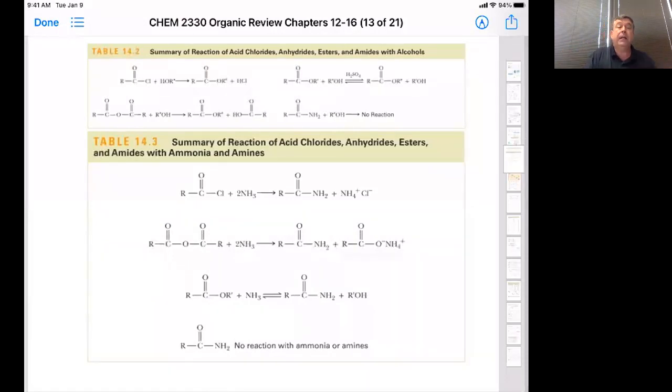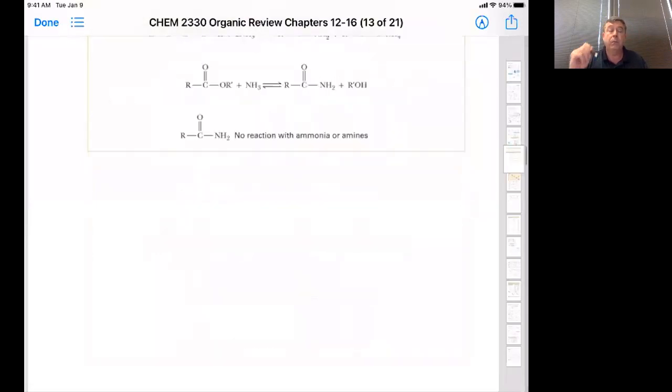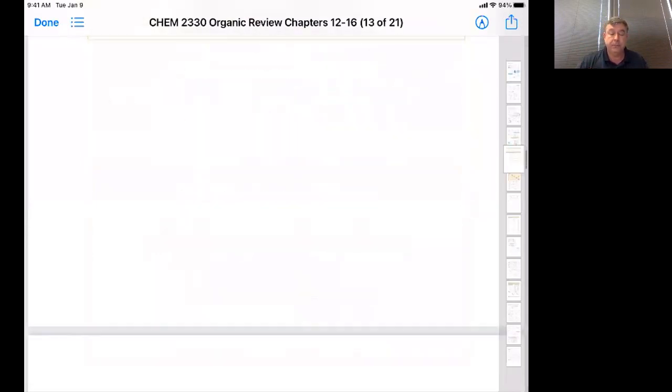We can make esters from anhydrides just by adding alcohol, but you cannot make an ester from an amide. The amide is not reactive enough. You can make amides from acid chlorides, anhydrides, or esters, but you cannot make a different amide from an amide because it's not reactive enough. So that order of reactivity is one of the things we need to remember about that chapter.